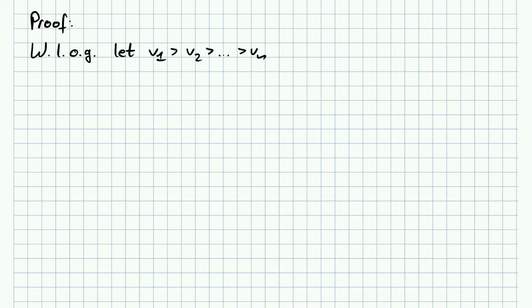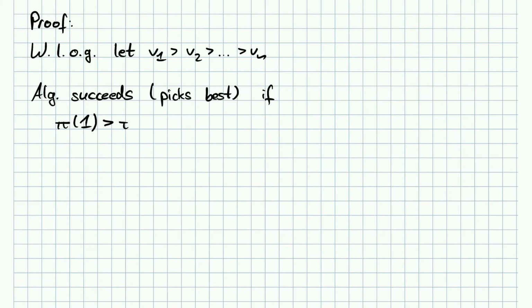So we can now say that the algorithm succeeds, meaning that it picks the best, if what happens? If, on the one hand, pi of 1 is greater than tau, which means that the V1 element arrives after tau.